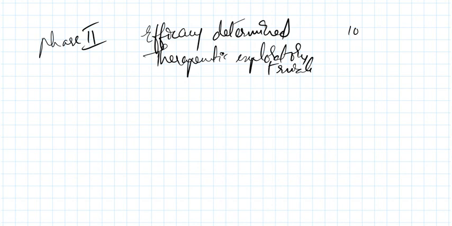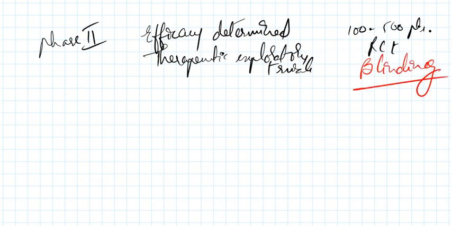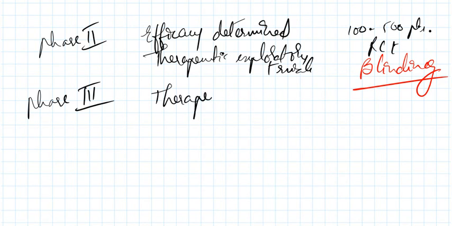It is done in 100 to 500 patients, and it is a randomized control trial. And here the most important point is blinding is done. While phase 1 trial is an open trial, in phase 2 trial blinding is done.